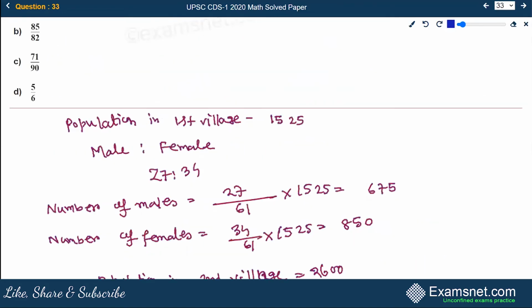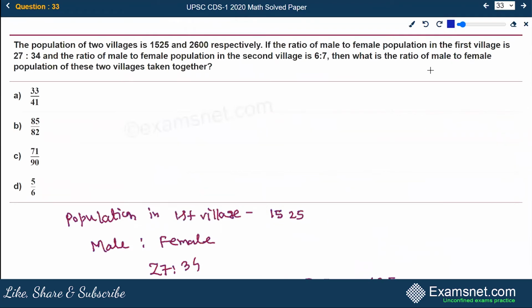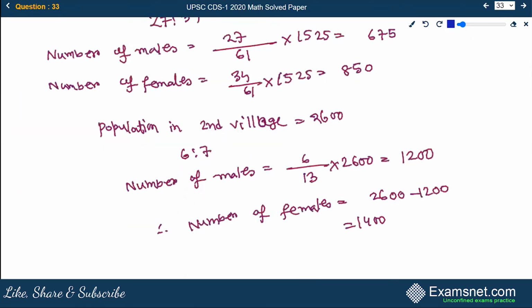So we are required to find the ratio of total male to total female, correct?